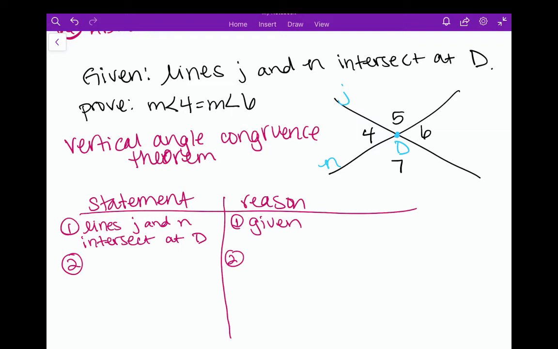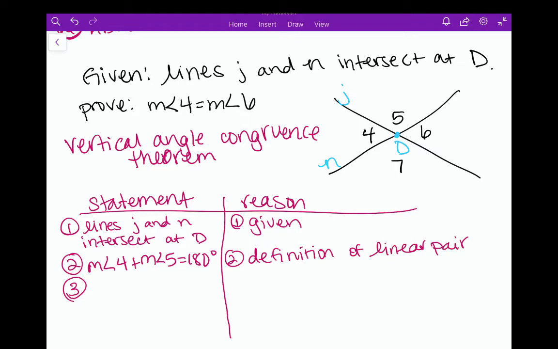So the next thing that I'm going to say is that the measure of angle 4 plus the measure of angle 5 equals 180 degrees, and that is by definition of a linear pair. And then I'm going to say the same about 5 and 6, again, because I need the 4 and 6 to be included.